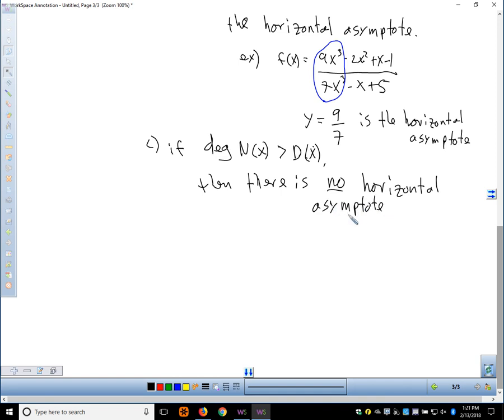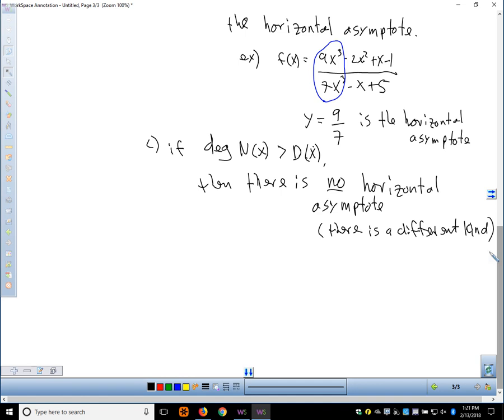And what that means is if the degree of the numerator is bigger, eventually the function just keeps getting bigger and bigger. So it goes to infinity. But I'm going to say there's another kind. There's a different kind. We'll talk about the different kind next time. It's not horizontal.